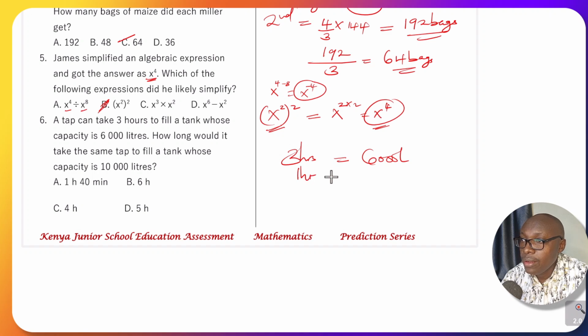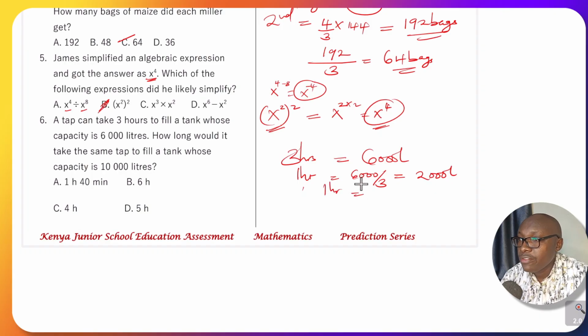So 1 hour will be 6,000 divided by 3, and this will be equivalent to 2,000 liters. So for 1 hour, it can fill 2,000 liters.